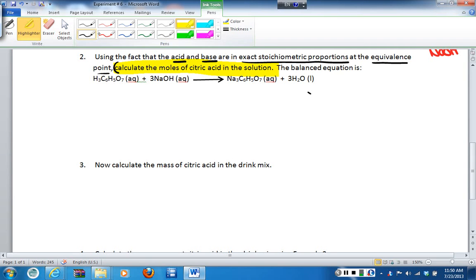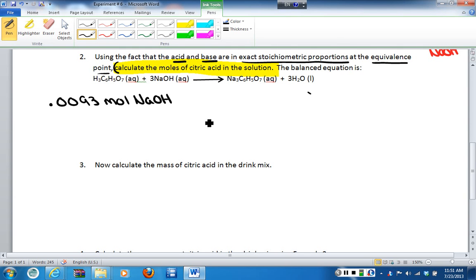In the previous example, we determined the moles of sodium hydroxide that we used. So, we used 0.0093 moles of NaOH. Now, for this question, it's asking us for the moles of citric acid. This is simple stoichiometry.